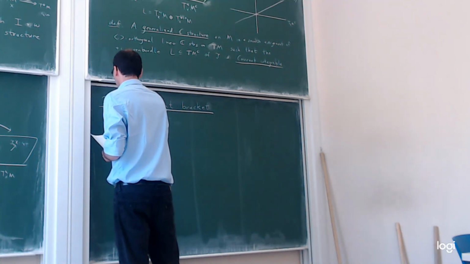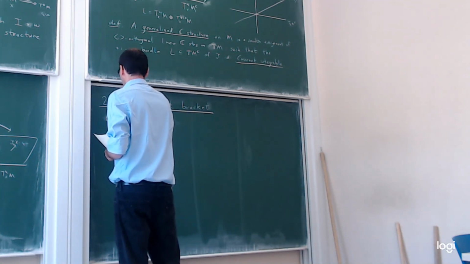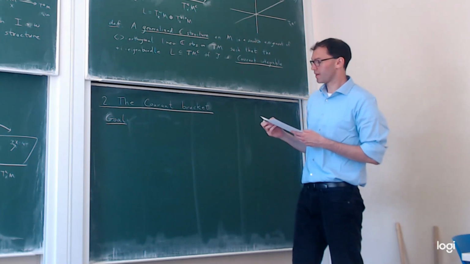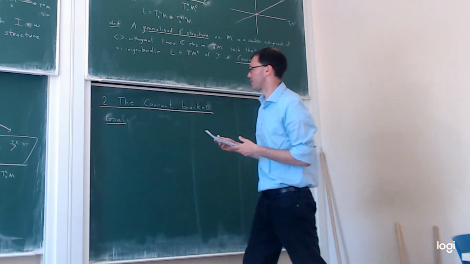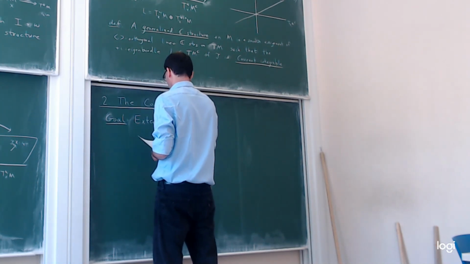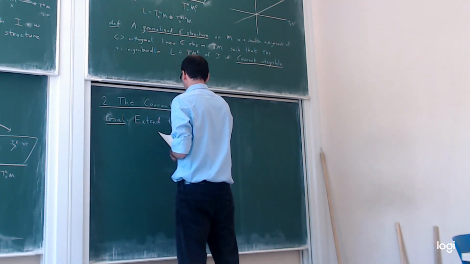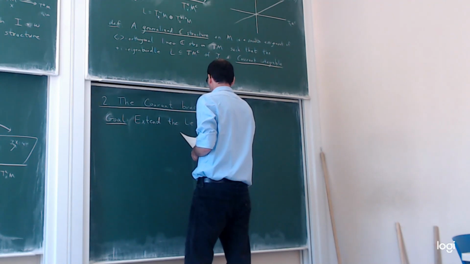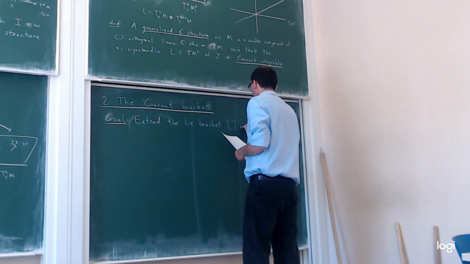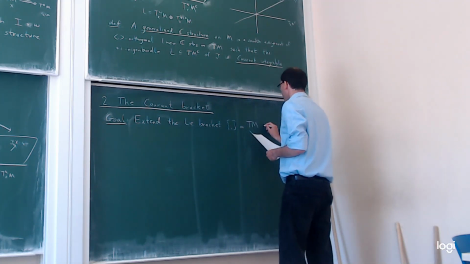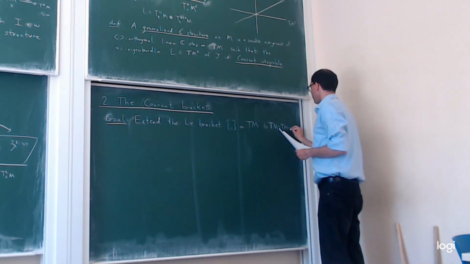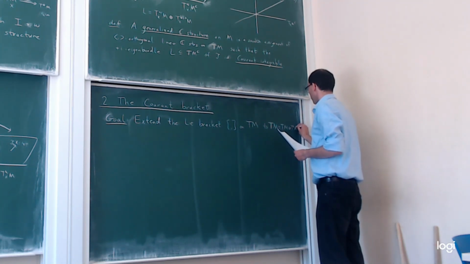So our goal now is to extend the Lie bracket on the tangent bundle to the extended tangent bundle, that is, the direct sum of the tangent bundle and the cotangent bundle.